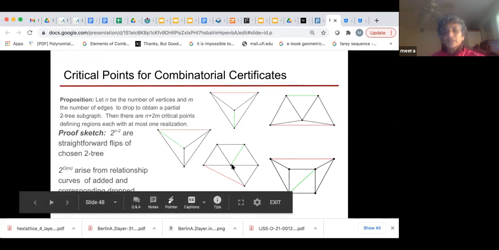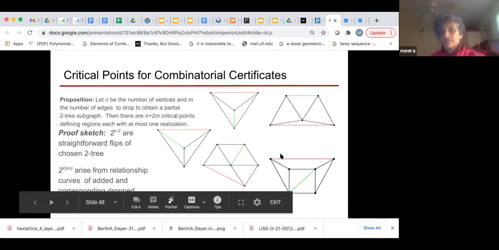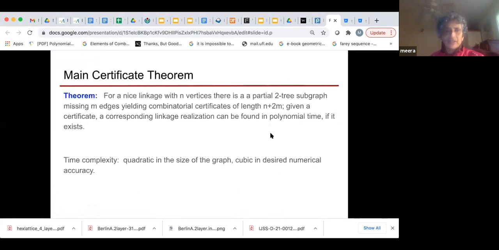Essentially, you drop the red edge, so you're searching for the values of the green edge given a value of the red edge. So you have a particular set of small systems that you solve at any given stage, and you can essentially explicitly classify the critical points, and that tells you between which two critical points you're looking for the solution at any given stage.